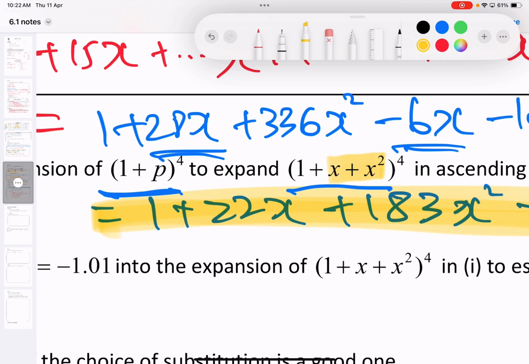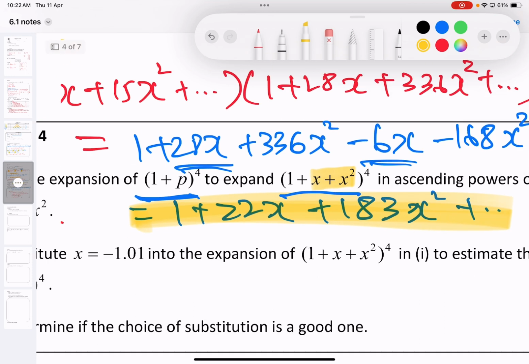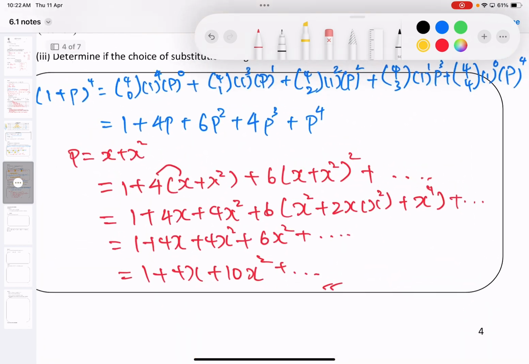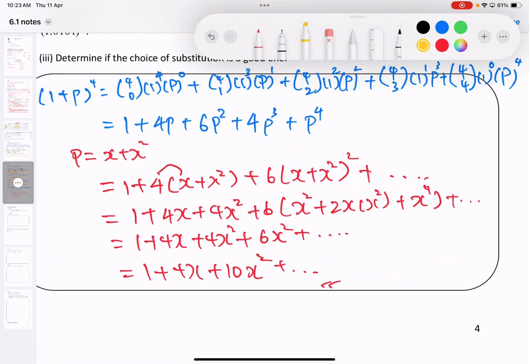That means if you can just replace this thing with p, then actually these two are the same thing. Who is confused about this part? This thing is just basically replacing the x plus x squared with p. But because we already know how to expand 1 plus p to the power of 4, I only need to replace the p with x plus x squared. So I'm going to let p be x plus x squared.